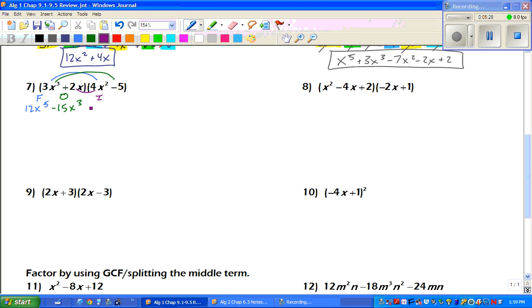My inside would be positive 8x cubed. And then the last would give us negative 10x. Combine our like terms, which we have right here in the middle. And then our final answer would be 12x to the 5th minus 7x cubed minus 10x.